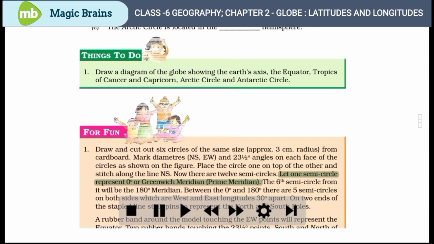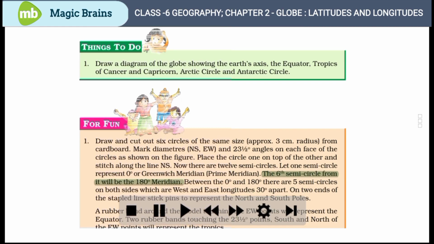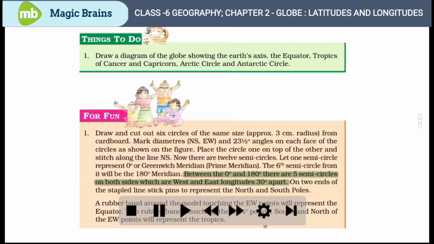Let one semicircle represent 0 degree or Greenwich meridian, that is, prime meridian. The sixth semicircle from it will be the 180 degrees meridian. Between the 0 degree and 180 degrees, there are 5 semicircles on both sides, which are west and east longitudes 30 degrees apart.